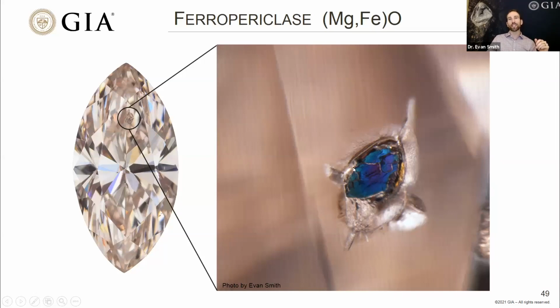And the color that we see is actually iridescent color. So it's just an effect of light interfering with something we don't fully understand at the surface of this mineral inclusion. And if you change the angle of your viewing or the angle of the light on this specimen, you see different colors appearing.